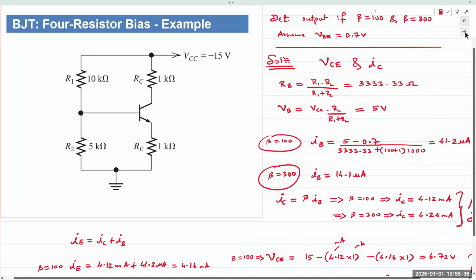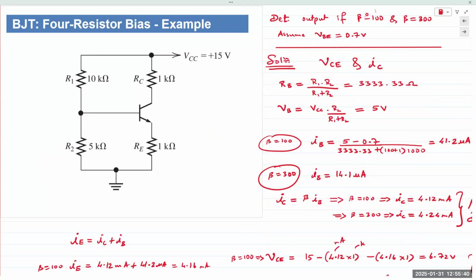When we solve this, if you want to determine the output of the circuit for beta is 100 and beta is 300, we can find it by first finding the Thevenin circuit, RB and VB.